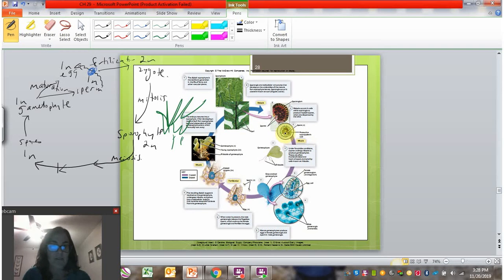But if it reaches favorable conditions, it will initiate mitosis and grow into a gametophyte. So this is the gametophyte of a fern. These are little green heart-shaped structures. They're really small. You really need a microscope to see them very well.